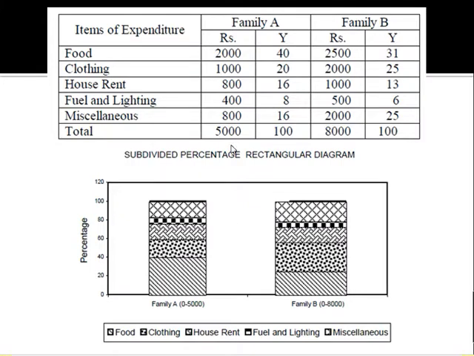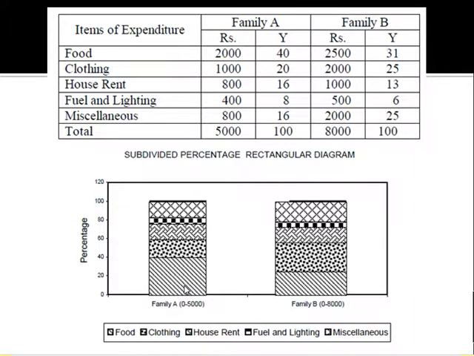Now, we will construct a rectangular percentage diagram. Here this is family A and this is family B. So, this is a percentage bar diagram where you can see the upper limit is 100. We have already found out the percentage.